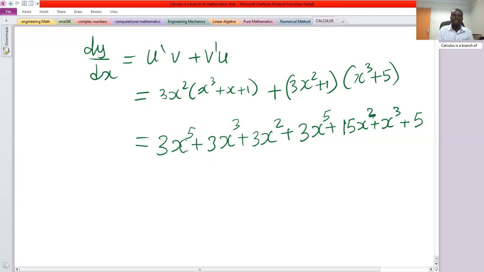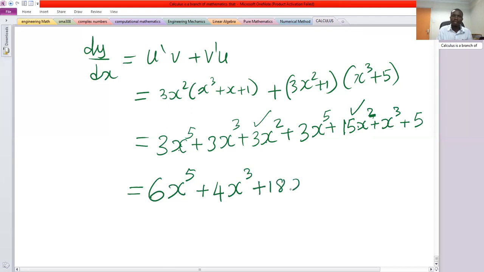Now 3x to the 5, 3x to the 5 will give us 6x to the 5. 3x cubed, x cubed will give us 4x cubed. 3x squared, 15x squared will give us 18x squared and then plus 5.